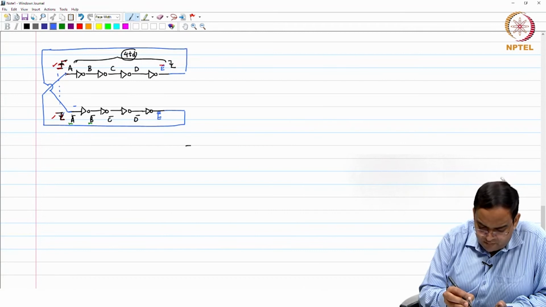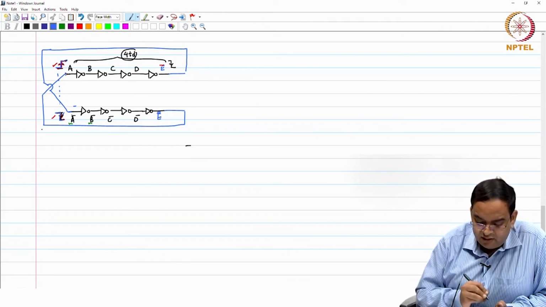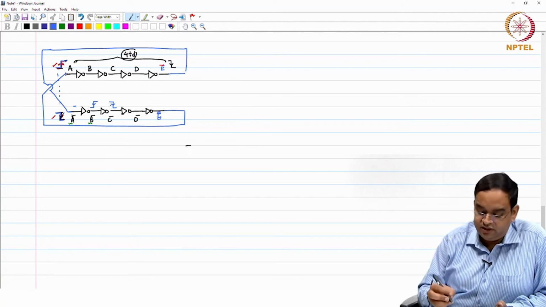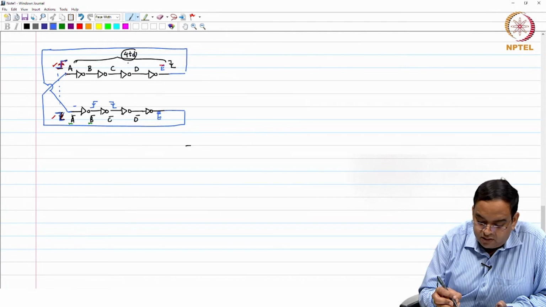Now, we see here that when you have a rising edge at the input, you get a falling edge here, then for this falling edge you get a rising edge here, and you get a falling edge at this node. So, these are just the edges. Let me just write this.